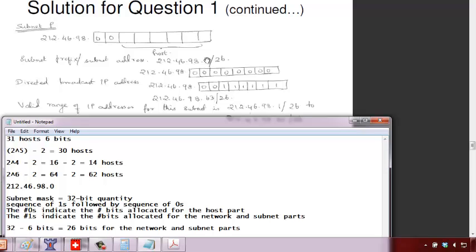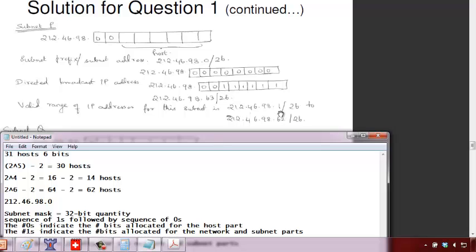So everything in between means 1 to 62. So 212.46.98.1/26 indicates the subnet mask, then 2, 3, 4 up to 62 are your valid unicast IP addresses. So you can support actually only not 64 but 62 unique unicast IP addresses for this subnet.